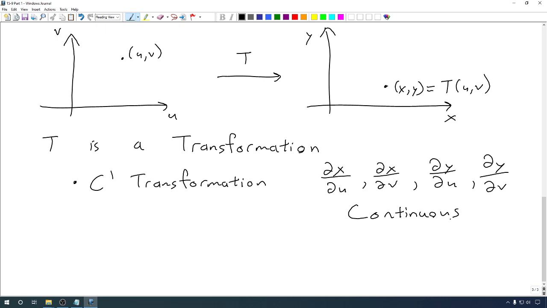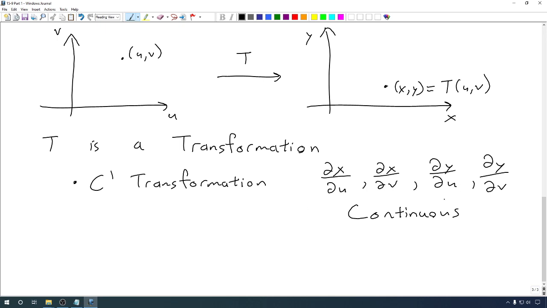That's what C1 means. It's actually a broader term in mathematics, referring to continuous first derivatives. C2 would be continuous second derivatives, and so on and so forth. But here, just be aware that we can differentiate these functions. The continuity part we generally will gloss over.